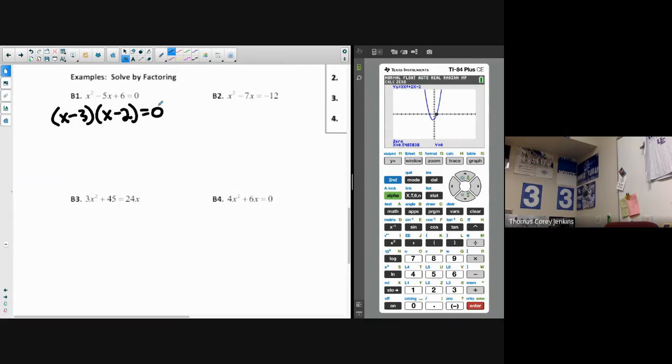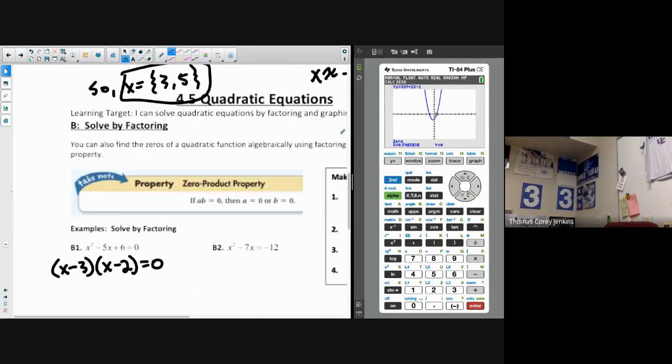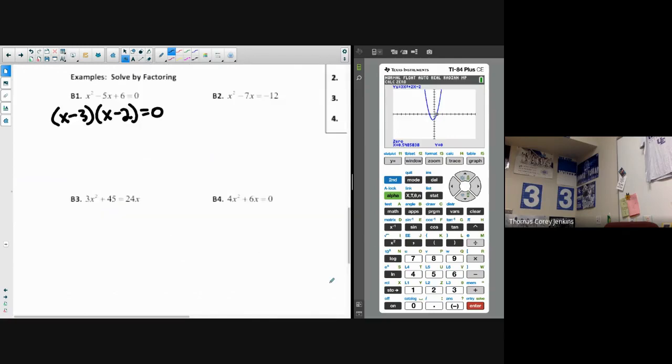But now we recall kind of a fundamental thing, the zero product property. If I multiply two numbers and either one equals 0, then that is going to solve my equation because 0 times anything equals 0. So essentially what we're left with here is two very simple equations.